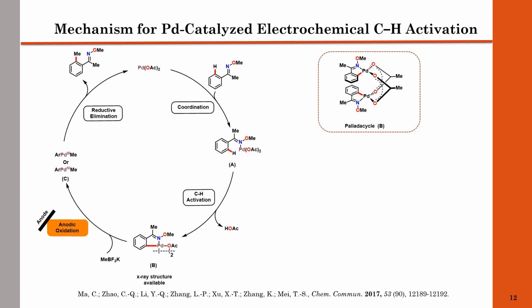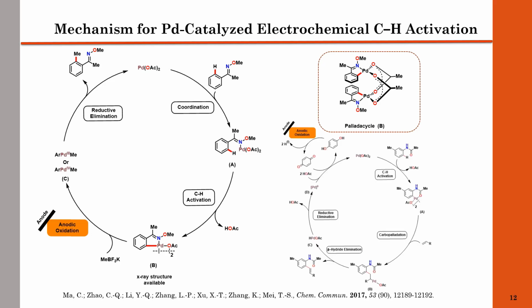Then the higher oxidation state palladium species can be reduced by reductive elimination, and we get our desired product. If you remember the previous report, the electrochemical oxidation came after reductive elimination, but here we have it before reductive elimination. So these are two modes of CH activation mechanism, and which one operates will depend on the reaction conditions. That's why there are two modes of mechanism.